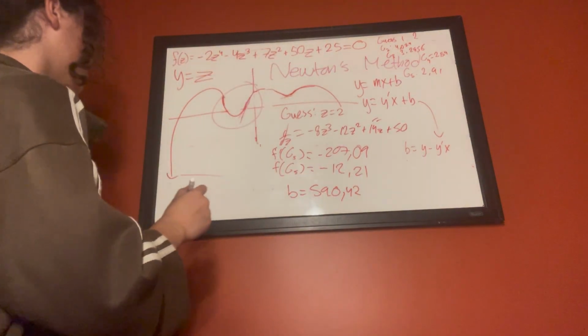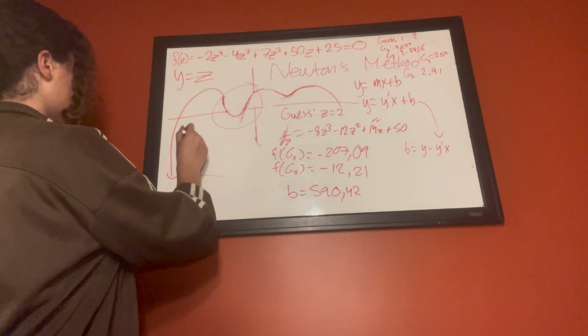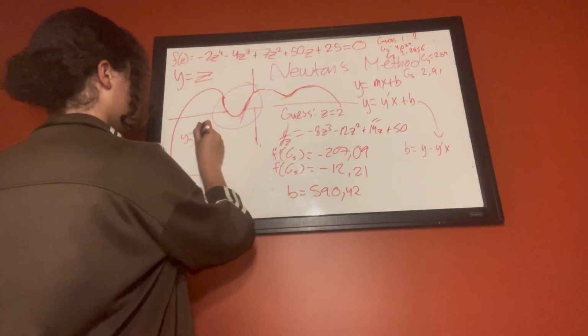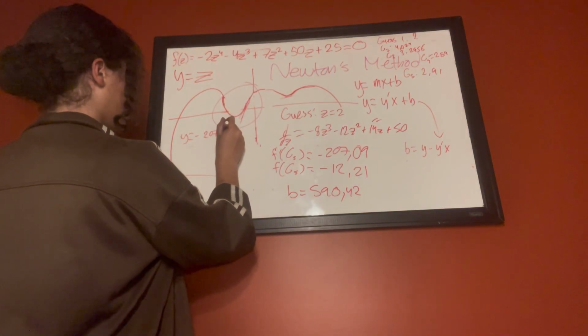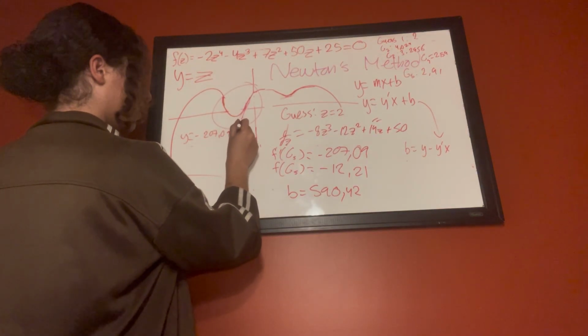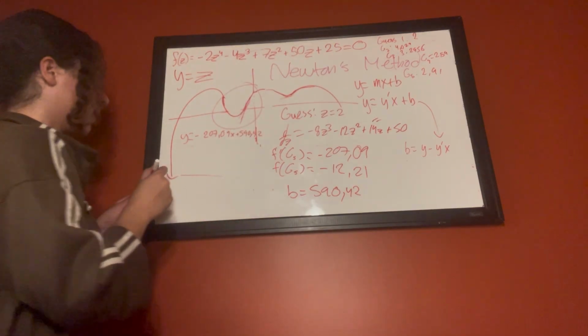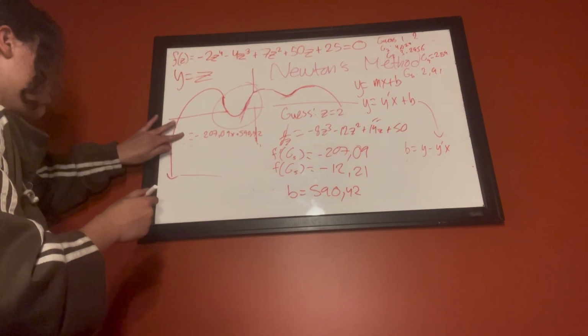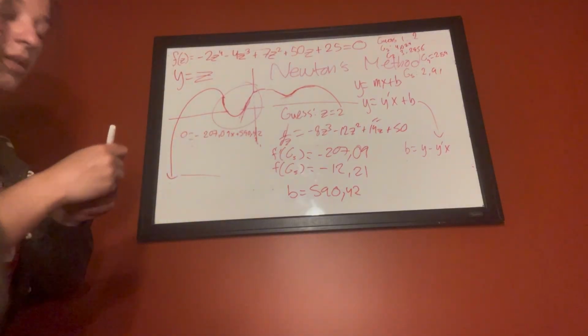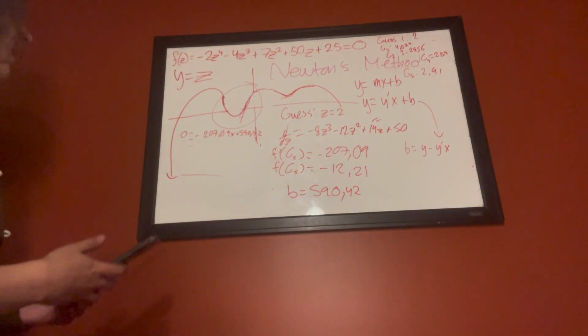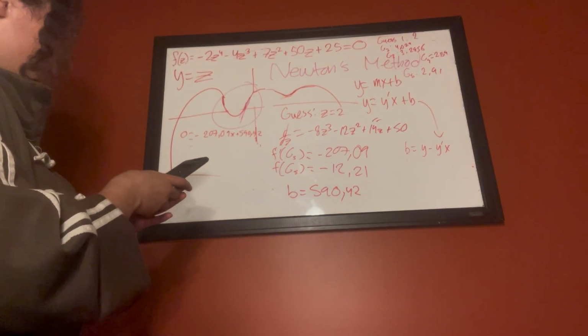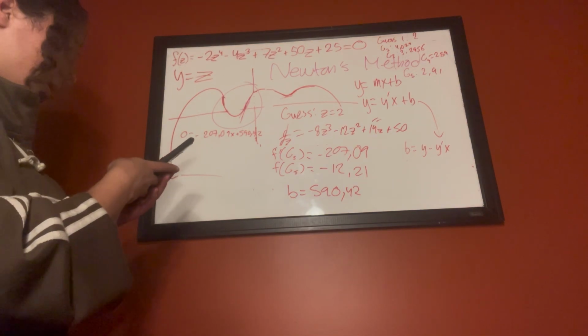And so I have y is equal to minus 207.09x plus 590.42. And so when y is equal to 0, my x-intercept, what do I have? I have divided by 207.09.